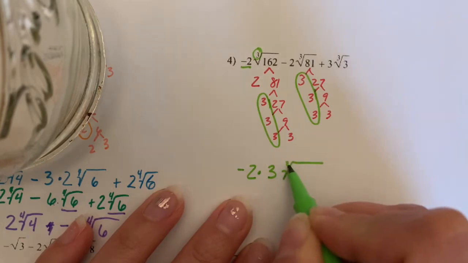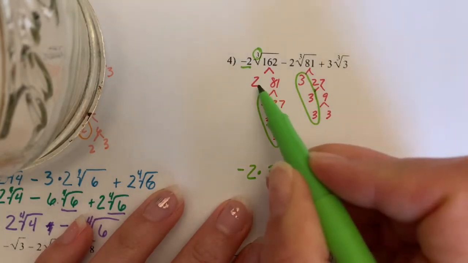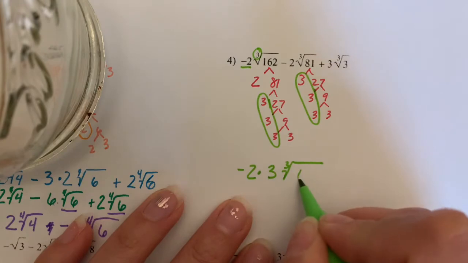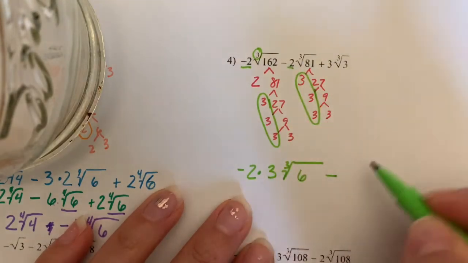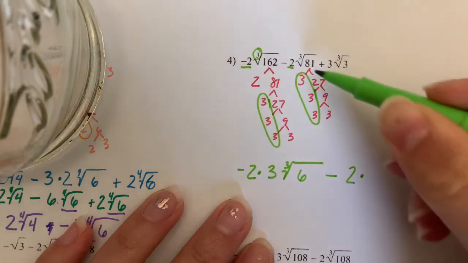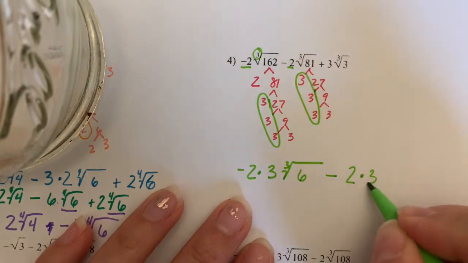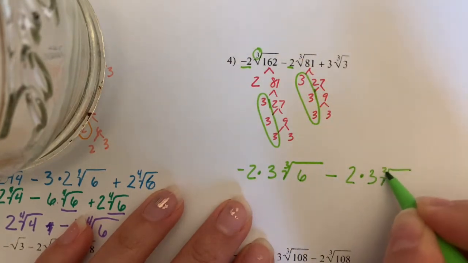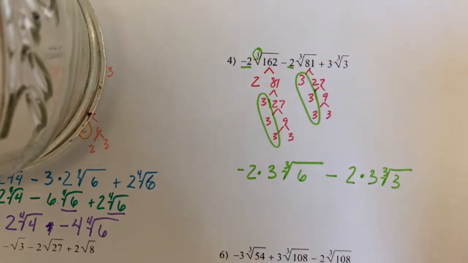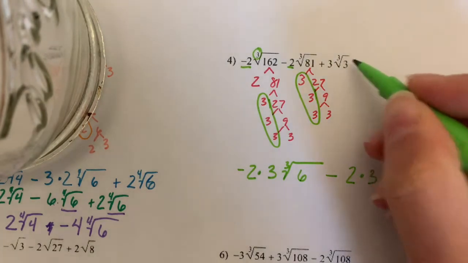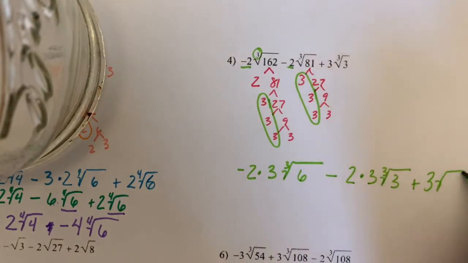Then inside the radical, I have a 3 and a 2 that did not get circled. 3 times 2 is 6. Minus I have this 2, times this group of 3, and then anything that did not get circled, this 3, stays inside the radical. And I couldn't do anything with this radical, so it just stays what it is.